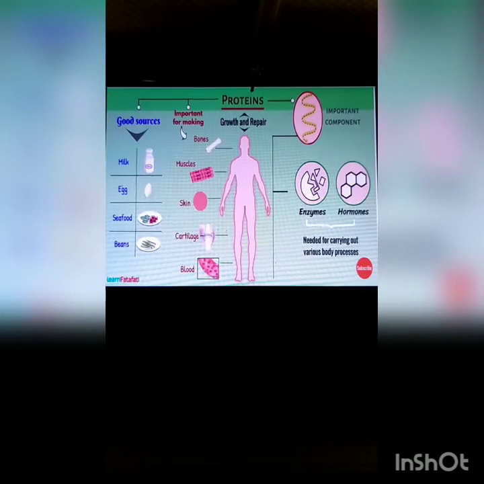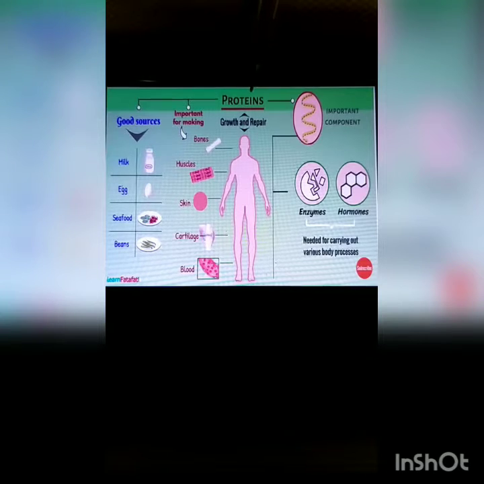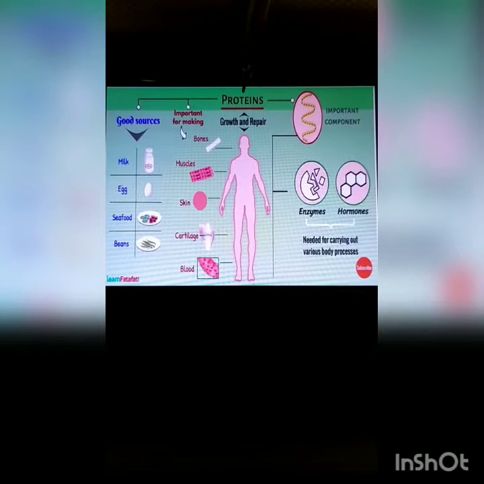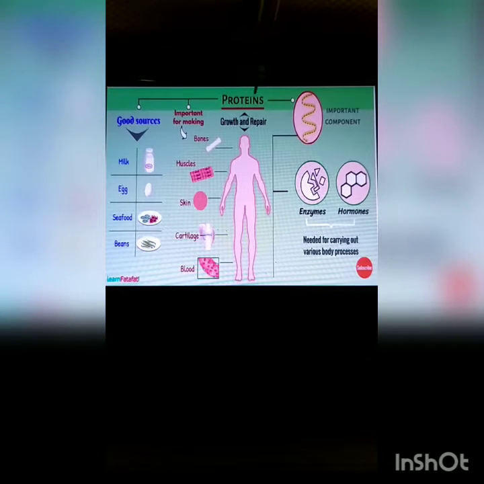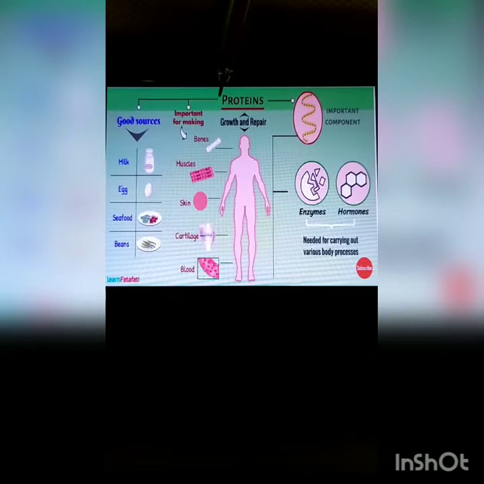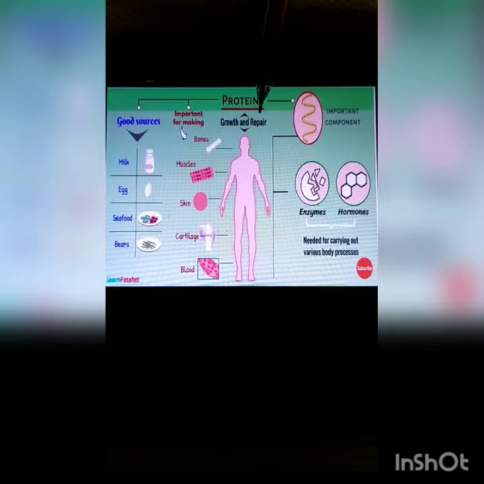Some of the people who go to the gym say that they want to build muscles or gain some weight, so they say they require more protein in their food, which means that it is a bodybuilding food. It helps in the growth and repair of muscles and tissues.